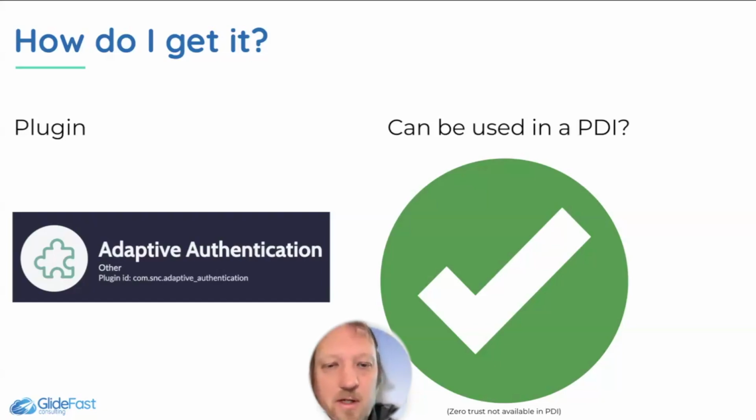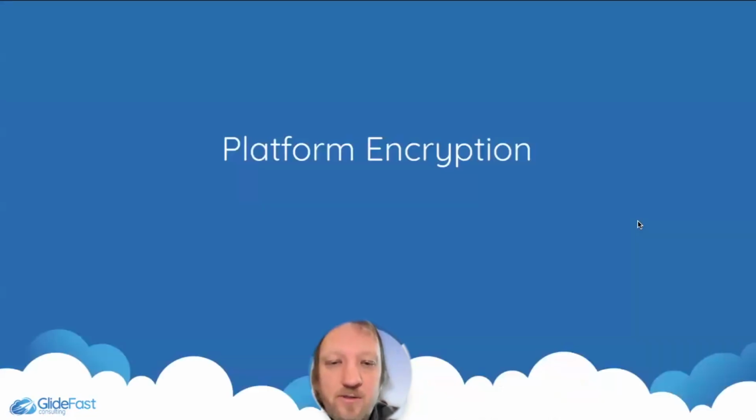It wasn't on the PDI. And yes, you can use this in a PDI, so I definitely recommend playing around with it there. The Zero Trust capability is not available in a PDI. It's interesting because the plugin seems to show up, but it doesn't actually let you configure it. So that's adaptive authentication and Zero Trust.